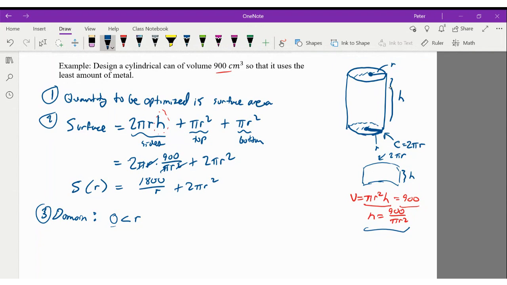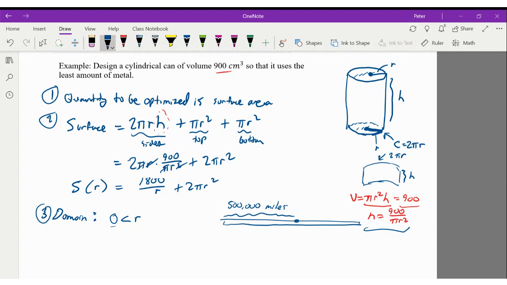See, I can always just build a really, really short but wide cylinder. So let's suppose this is a radius of, let's say, 500,000 miles. I could certainly make the can short enough that a circle with a 500,000 mile radius is still going to give me a 900 cubic centimeter can.